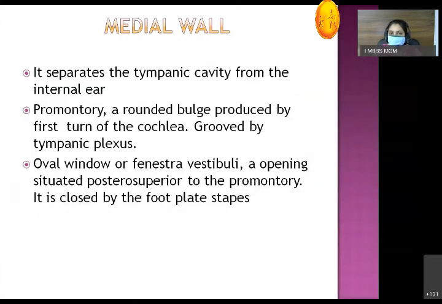Then there is the oval window, also called the fenestra vestibulare. It is an opening situated posterior-superiorly to the promontory and it is closed by the footplate of the stapes.